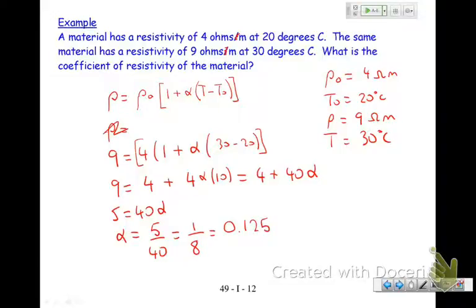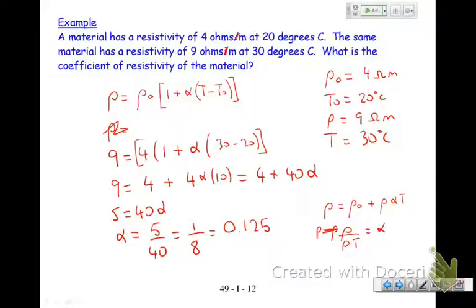Now, what are the units going to be? Let's think about this. This is going to be rho equals rho naught plus rho naught alpha delta T, so rho minus rho naught, over rho naught T, equals alpha.